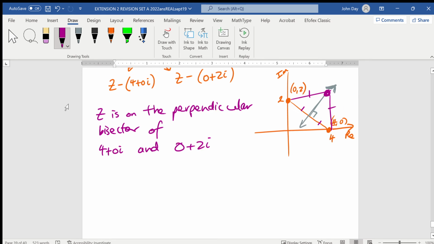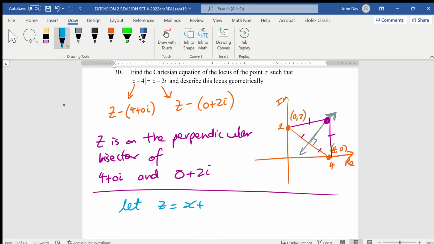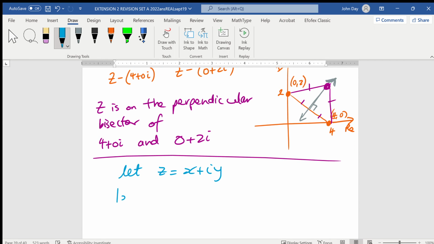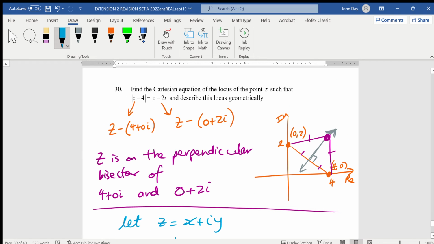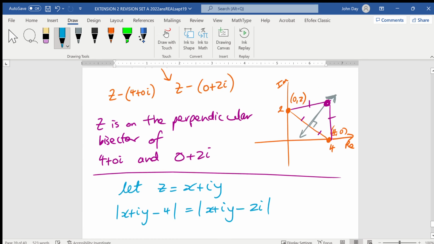Now let's work out the answer. So the easiest way, I think, is to let z equal x plus iy, some roaming point x plus iy. So we've got x plus iy minus 4 up there, and equals x plus iy minus 2i. That's what it says, yeah.